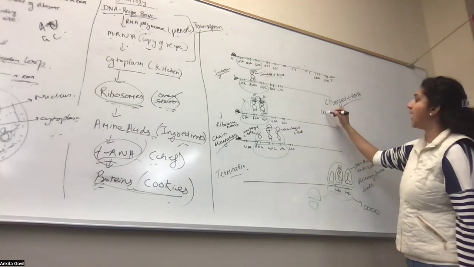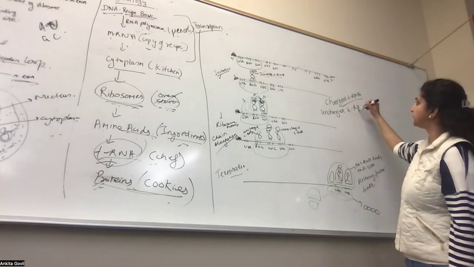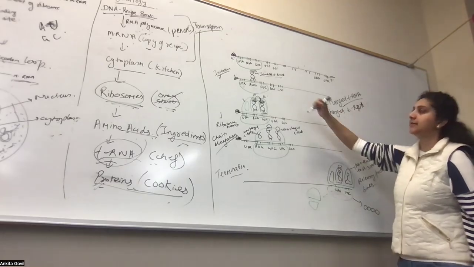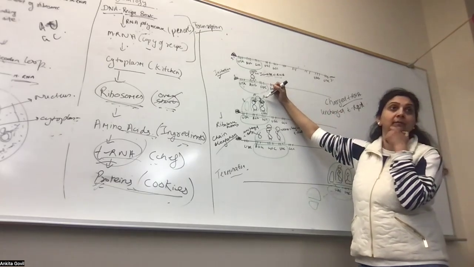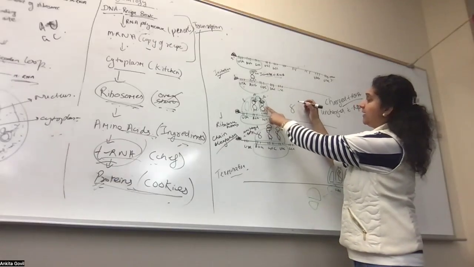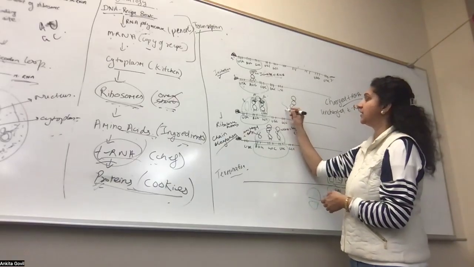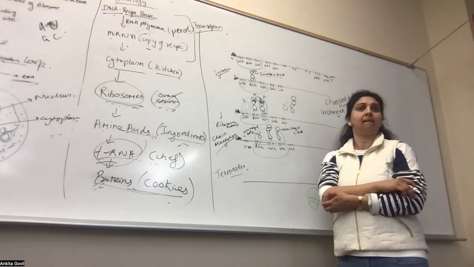Now this is called uncharged tRNA. It is called uncharged tRNA now. Okay, so what will happen? Now this tRNA over here will have 2 amino acids, and this will be uncharged.